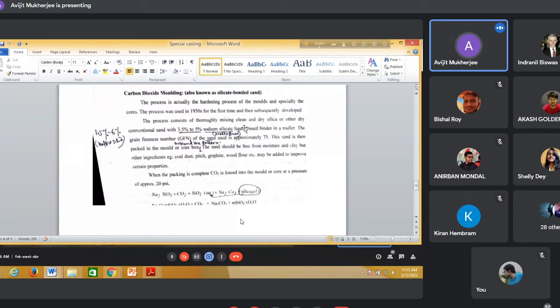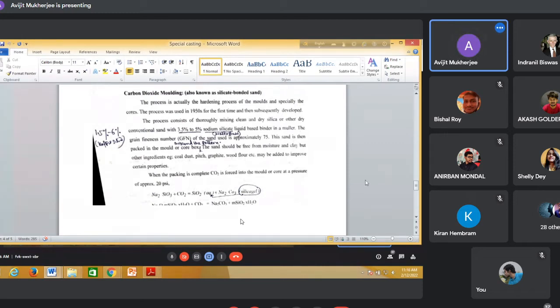This sodium silicate is known as water glass, which is the trade name. All these are placed in a dump box or muller and mixed thoroughly.